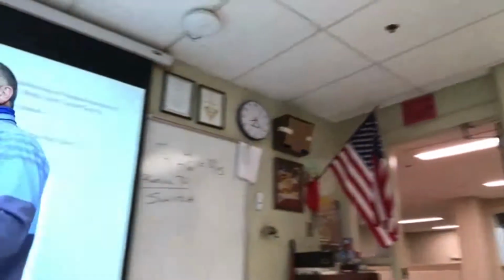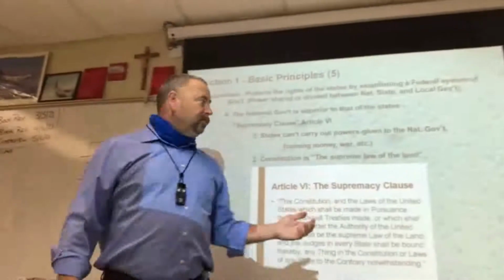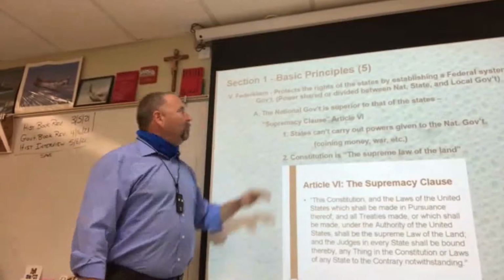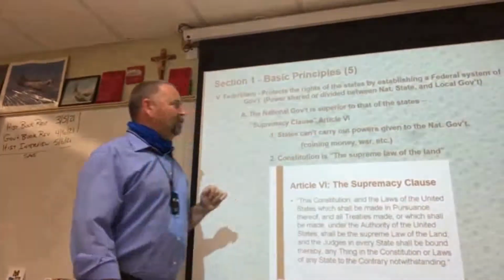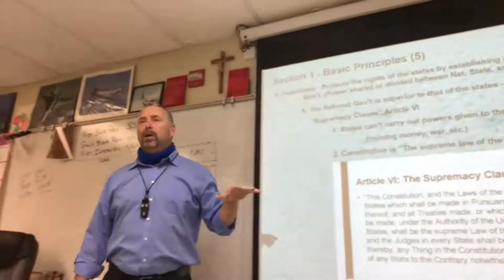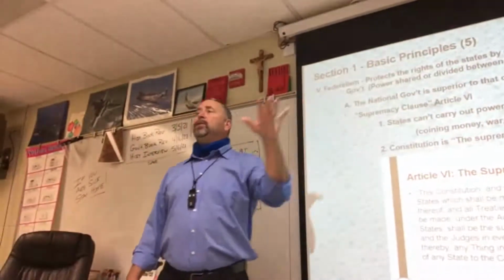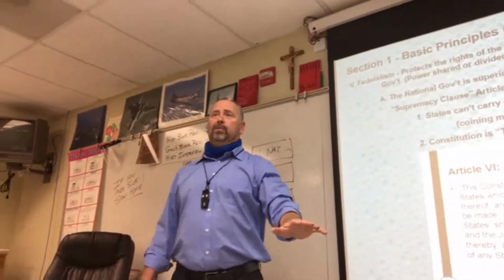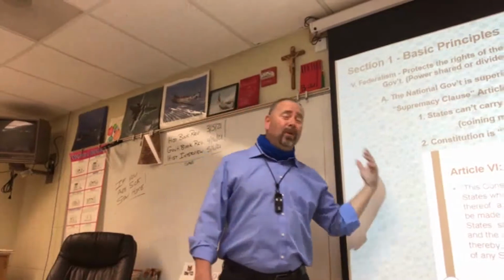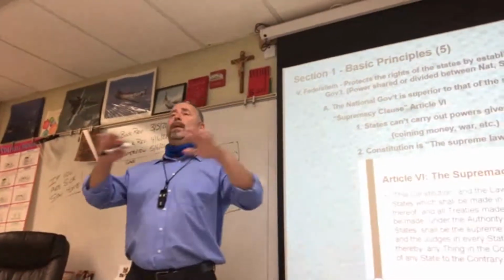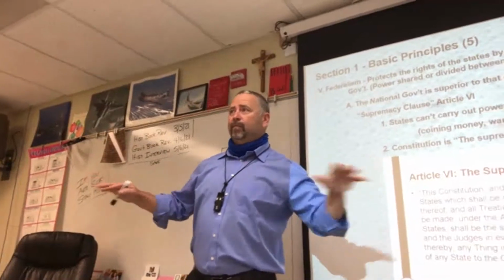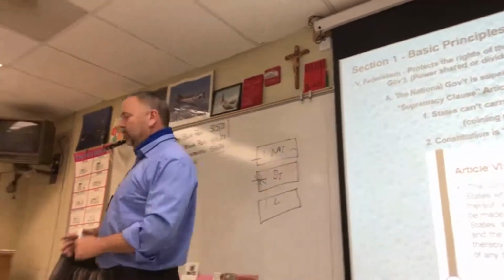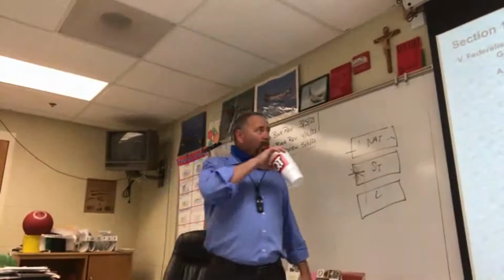But Article 6 of the Constitution lays out the supremacy, that the national government is superior to the states, and the Constitution of the United States is superior to the state constitutions. And the U.S. Constitution is the supreme law of the land. Simple. Supreme law of the land.